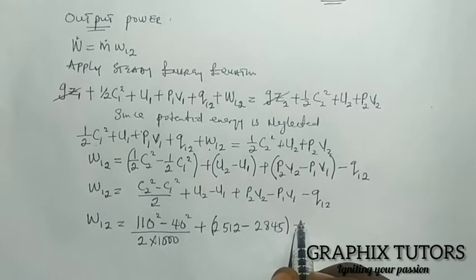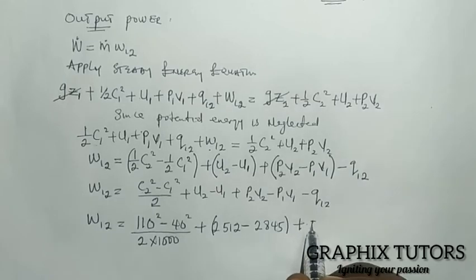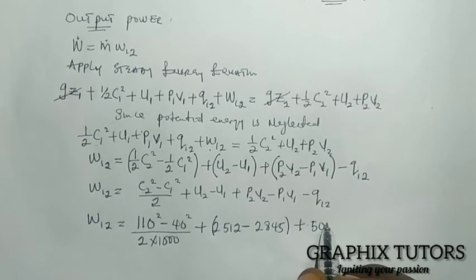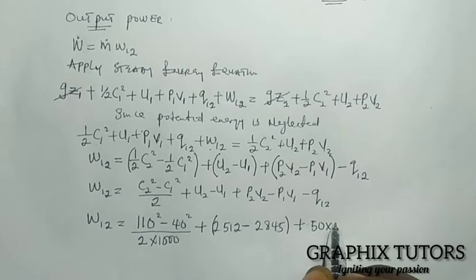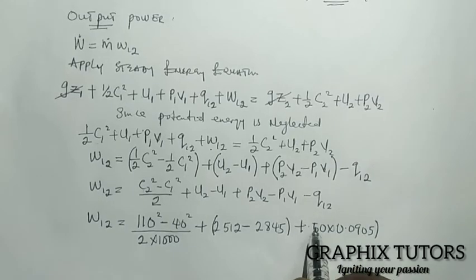So plus p2 is giving us 50 and velocity v2 is giving us 3.423, right?